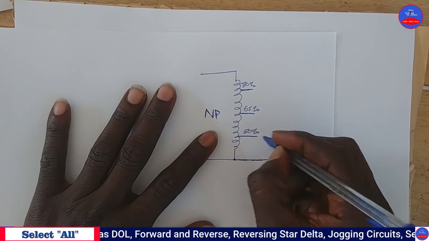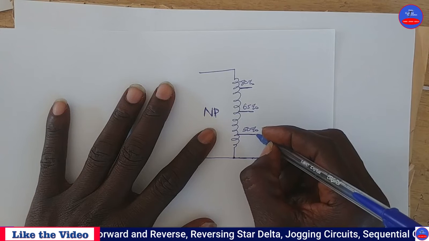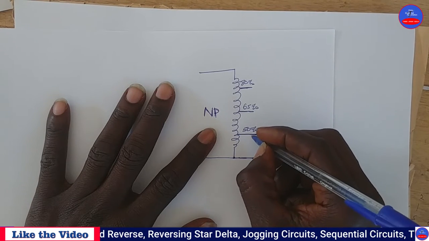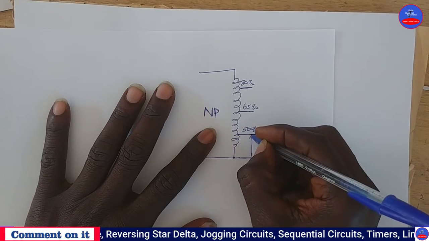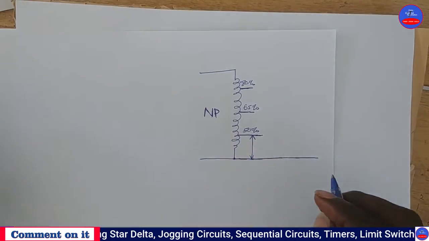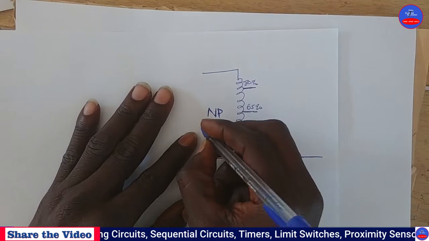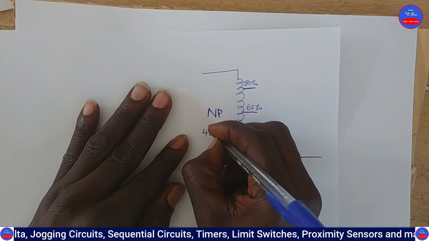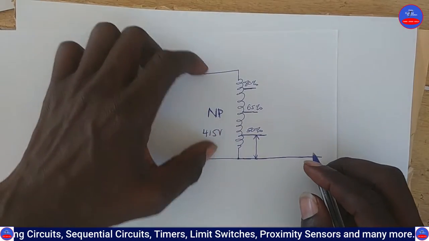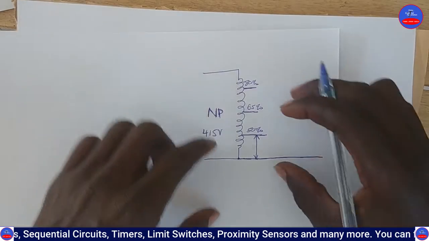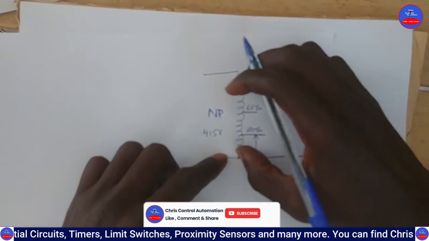So let's see, when we give 415 volts to the primary winding, the voltages that we will get from the secondary tappings.